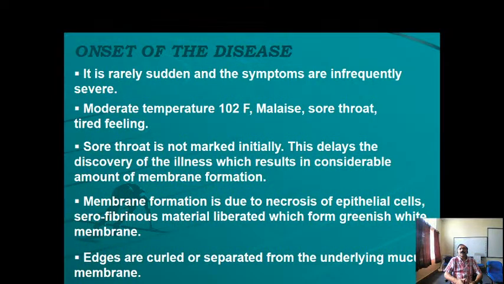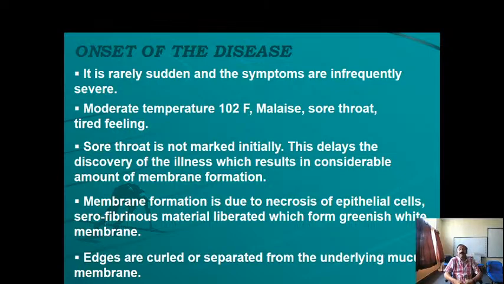The onset of the disease is rarely sudden, and the symptoms are infrequently severe. You have a disease which comes on with a moderate temperature of 102 degrees, malaise, sore throat, and the feeling of being very tired. Sore throat is not marked initially, and this is the problem.